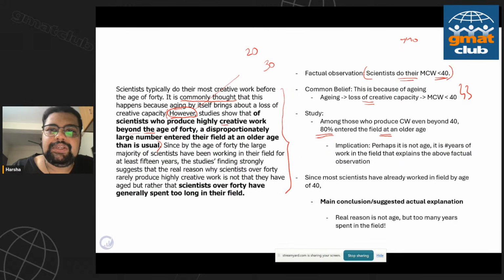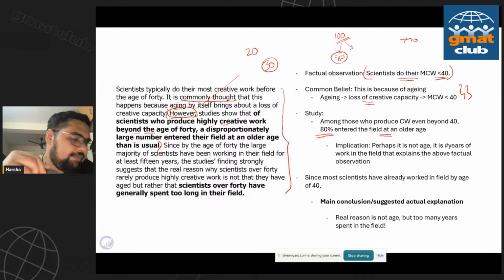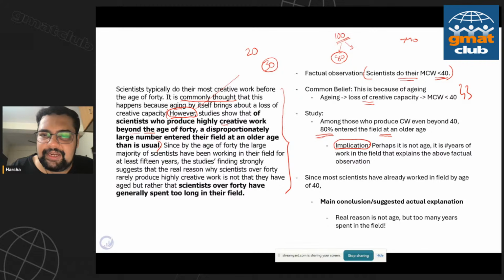What we're being told is, among those, let's say, 100 scientists who continue to produce great work even beyond the age of 40, if you look at those 100 people, a disproportionately high number of them entered the field very late. If you really think about it, this introduces a certain logical idea. Maybe it is not the age that is the problem.